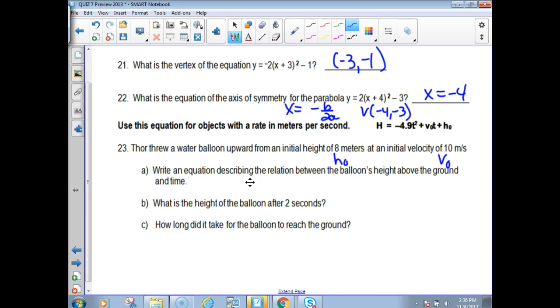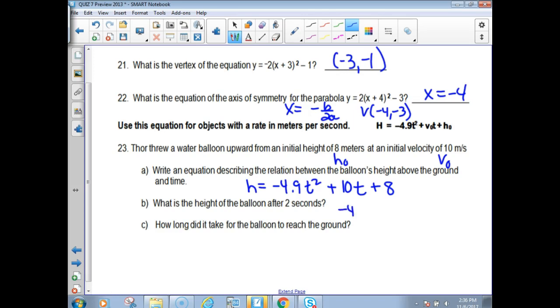All right, so the height of this balloon is negative 4.9, because it's in meters, times t squared, plus initial velocity 10t, plus the initial height of 8. What is the height of the balloon after 2 seconds?